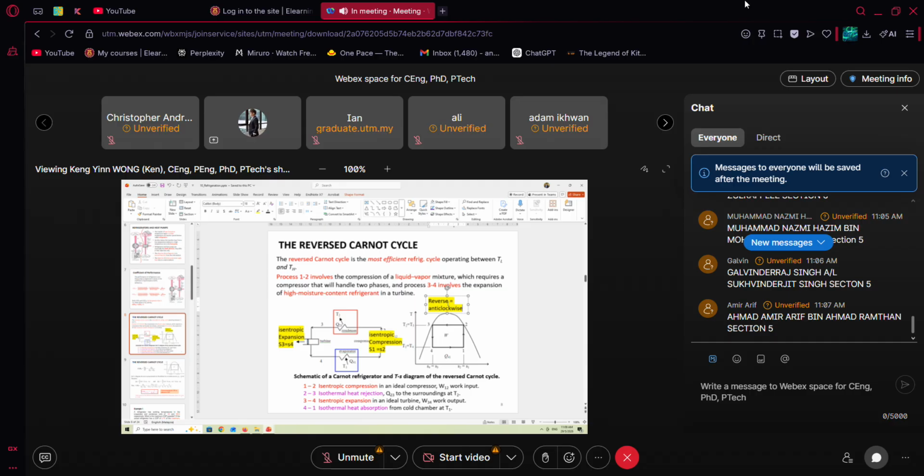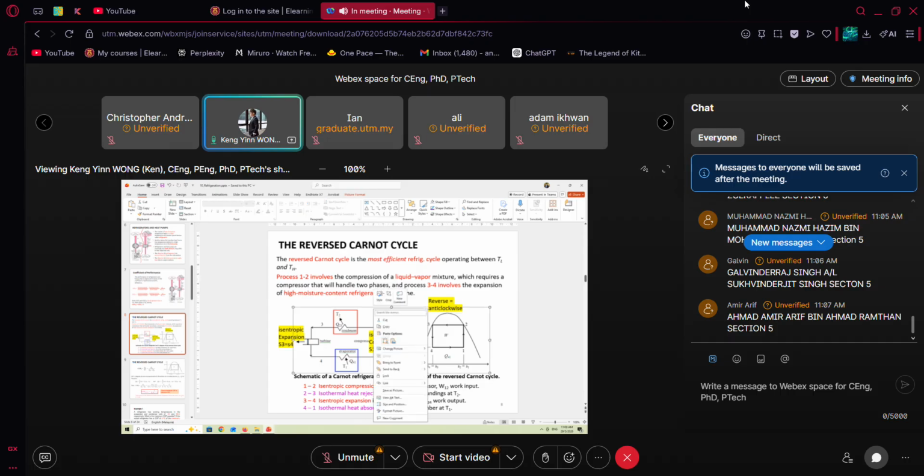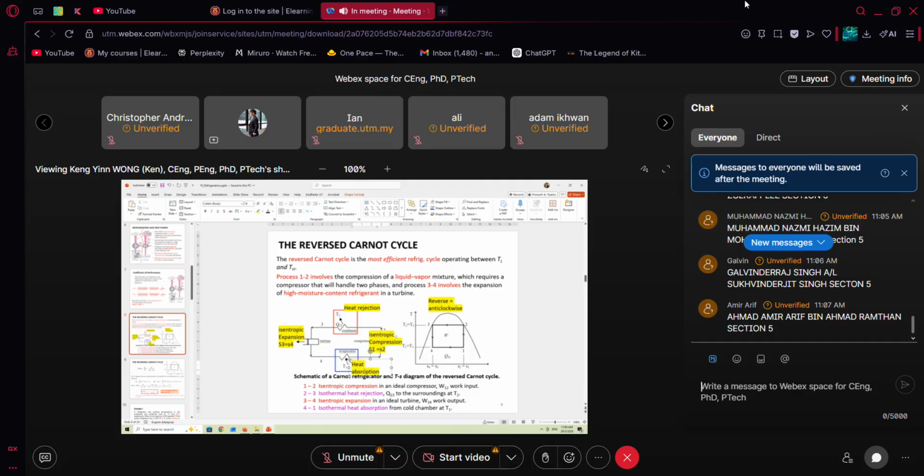Next, here we are going to have the condenser, so we are going to have the heat rejection. Here will be heat rejection on top. Whenever you have rejection, you're going to have addition, or as we know it, absorption.